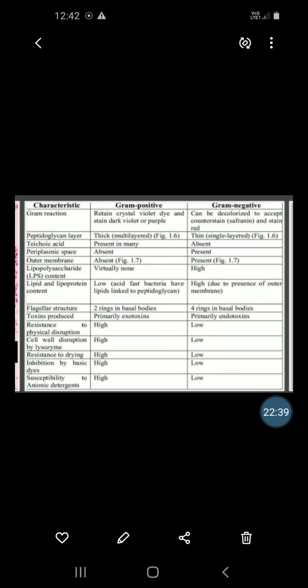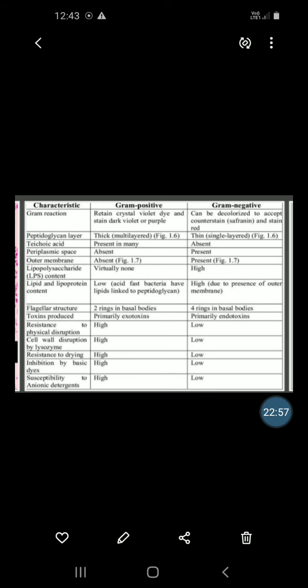We will see the difference between gram-positive and gram-negative bacteria. First characteristic, that is gram reaction. Gram-positive retains the crystal violet and stains dark violet or purple. Gram-negative can be decolorized, accepts the safranin and stains red.